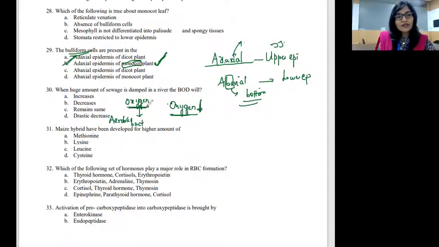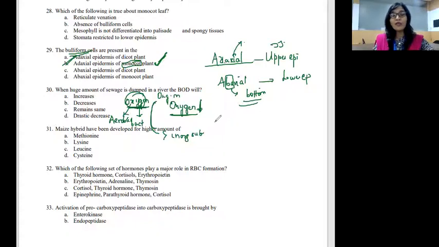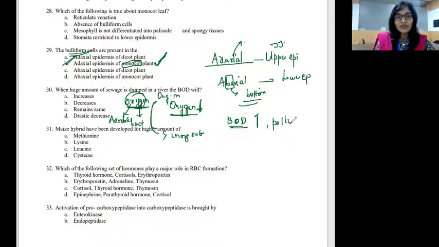They utilize whatever oxygen is present and convert the organic matter present in the sewage into inorganic substances. So all the oxygen will be utilized by aerobic bacteria. So there's a deficiency of oxygen, so there's a demand for oxygen. So we say biological oxygen demand increases when there is pollution. When pollution is taking place, the BOD increases. You have to remember.